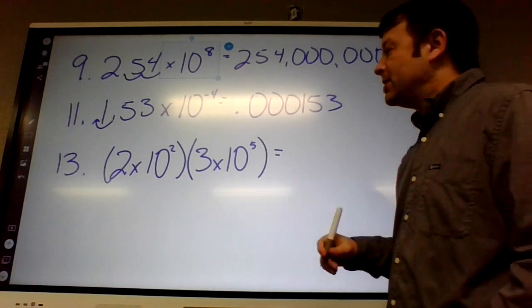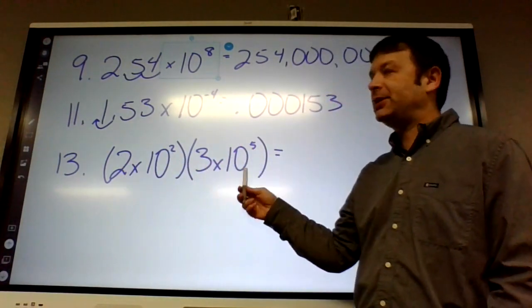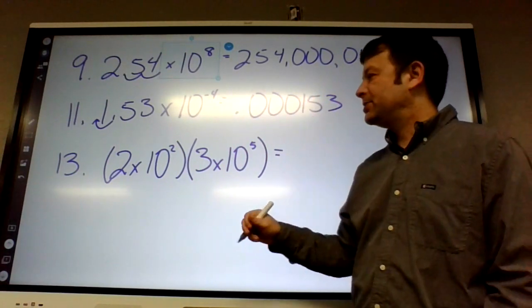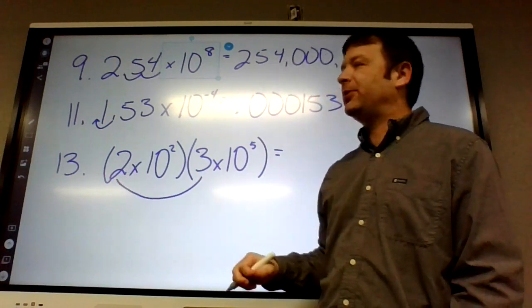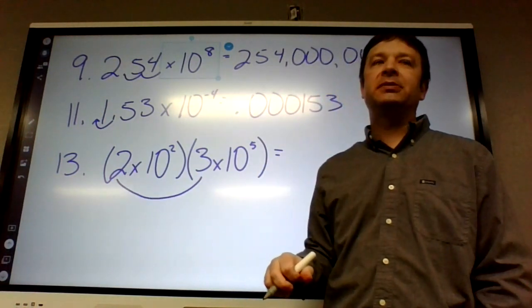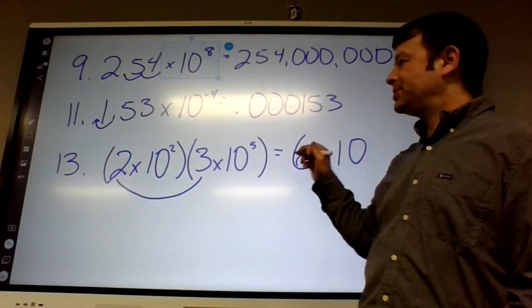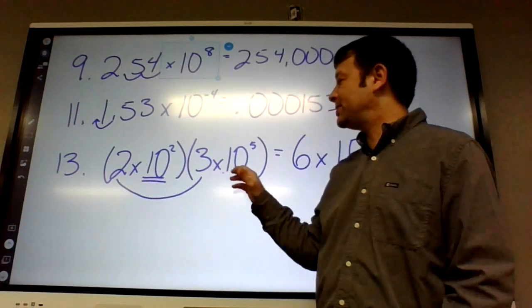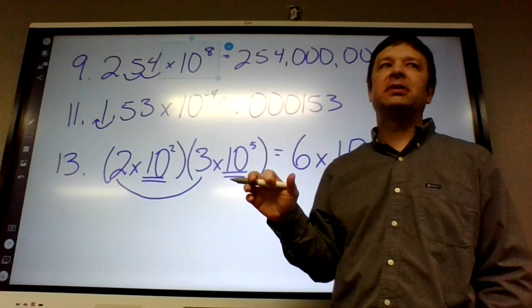So this is 2 times 10 squared times 3 times 10 to the 5th. Does order of multiplication matter? No. Since this is just a bunch of multiplies, I can just go ahead and do 2 times 3. And this goes back to: what's 10 squared times 10 to the 5th? 10 to the 7th.